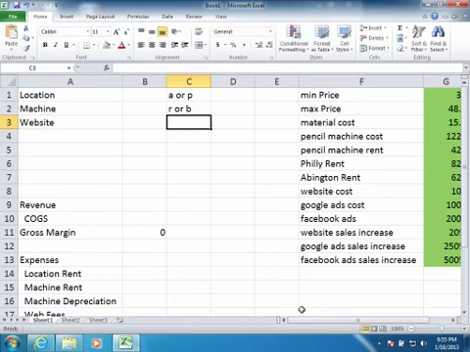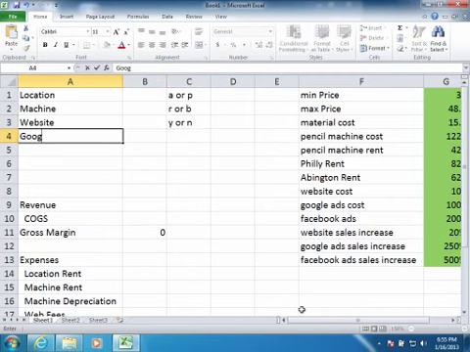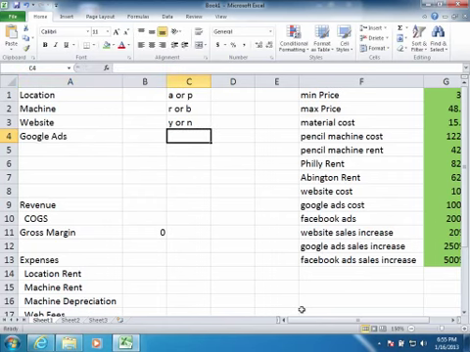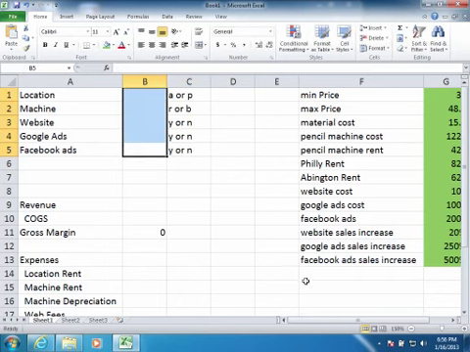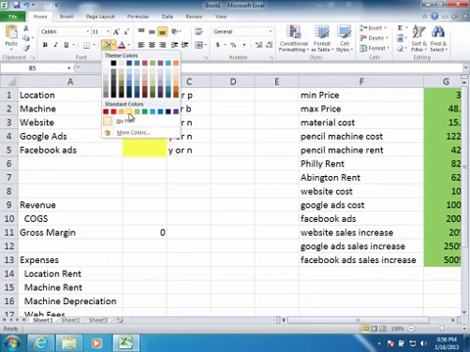Website, yes or no. Google ads, yes or no. And Facebook ads, yes or no. And because these are my decisions, I'm going to code them yellow.